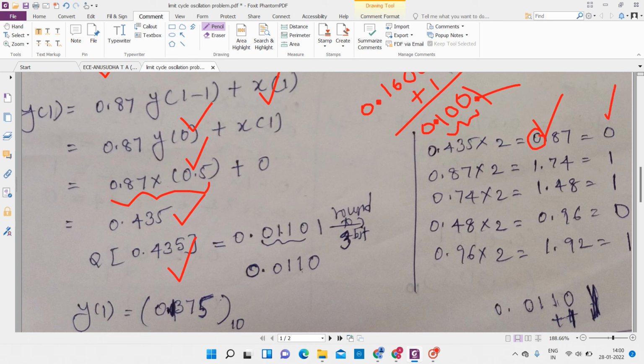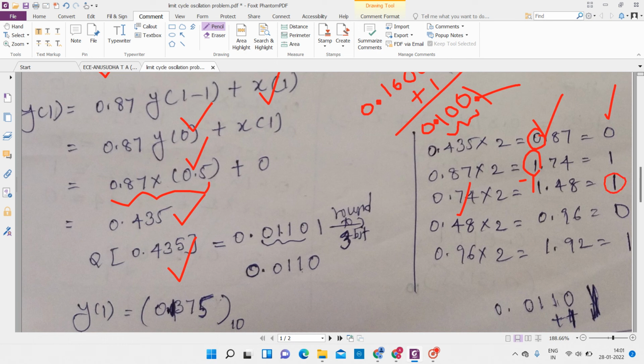Just do the multiplication for these two numbers. You will get 1.74. So the second binary bit is 1. But here you have to subtract 1, so 1 minus 1 is 0, and you have 0.74. Again you multiply these two numbers, 0.74 into 2. You will get 1.48. The third binary bit is 1.